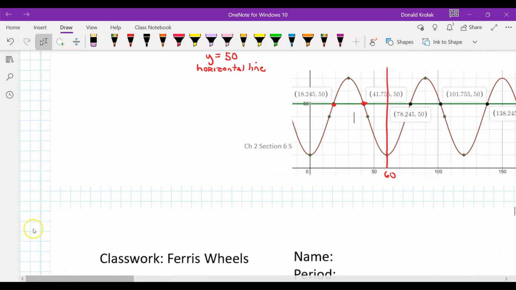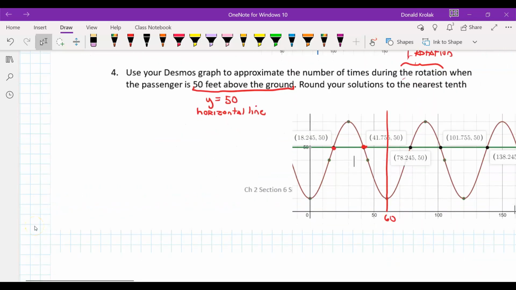Our answer here is that the number of times is 2 times, and they occur at 18.2 seconds and 41.8. Right?